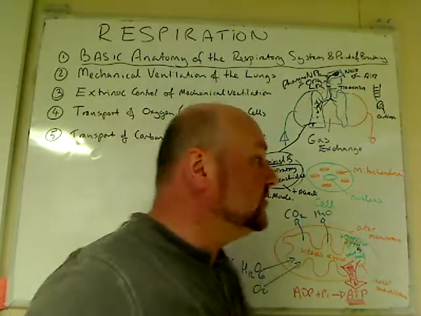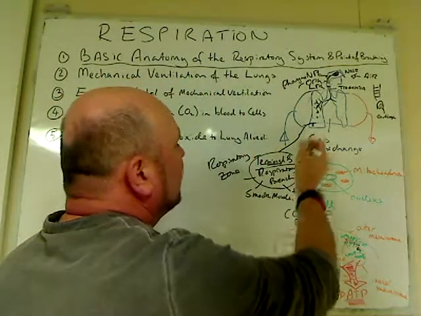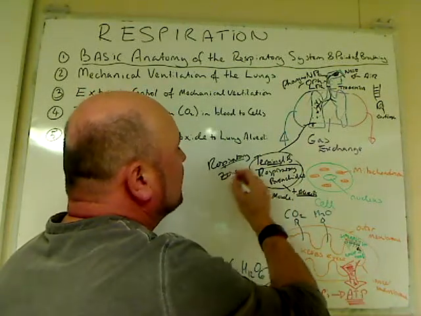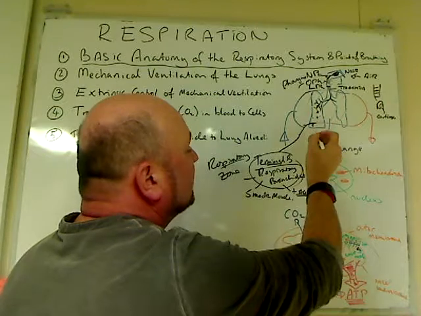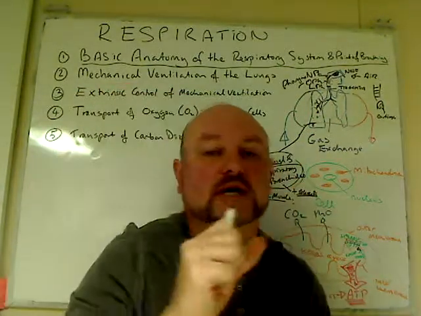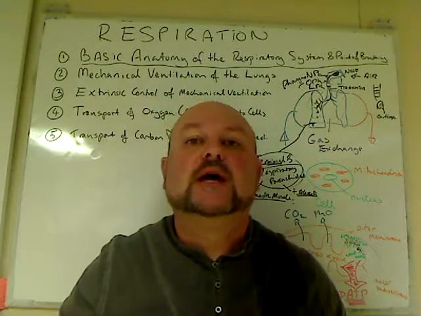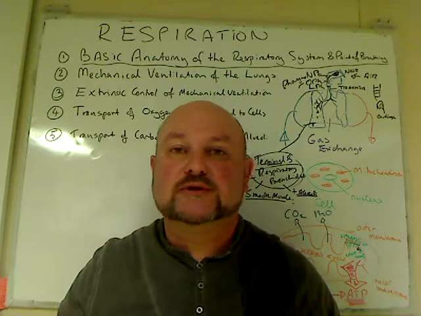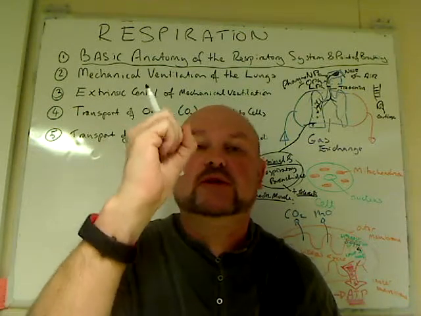Also, right at the ends, when we get to the alveoli and the respiratory zone here, we have no cartilage again, it's smooth muscle, so it can be opened and closed. And this is what asthma sufferers experience, because it's this end, the respiratory zone, where they have bronchial constriction.